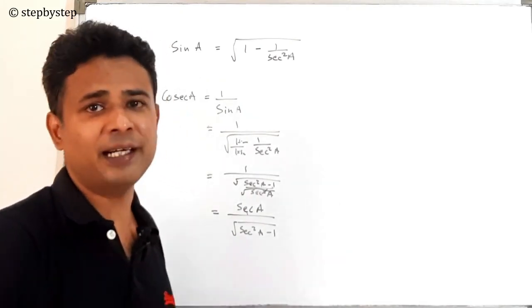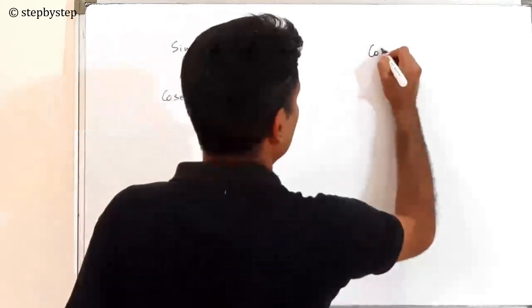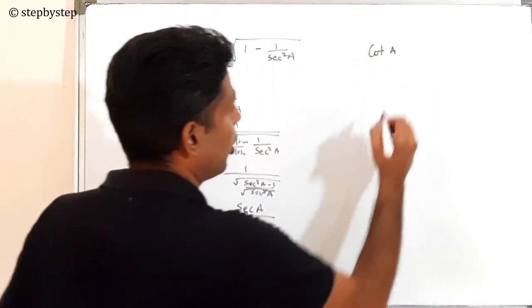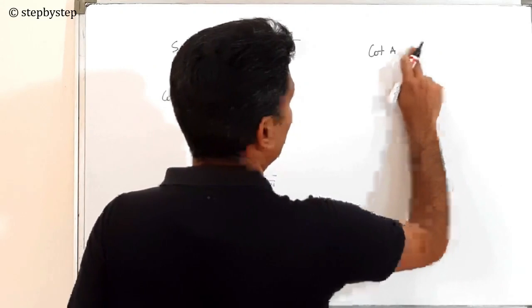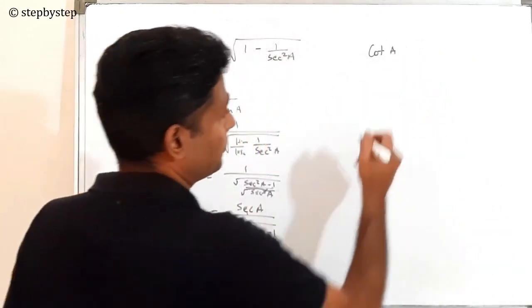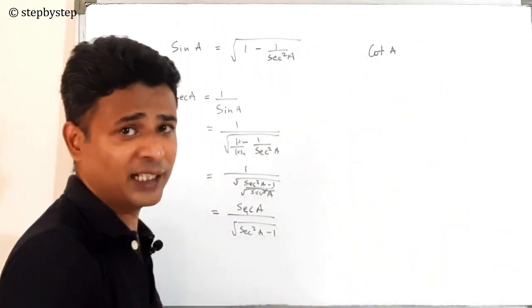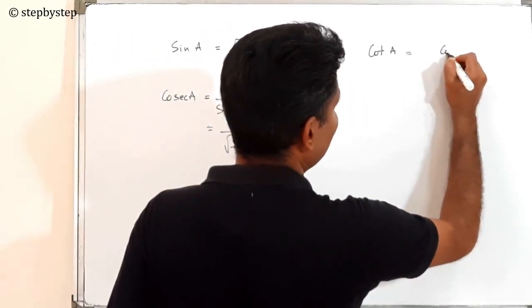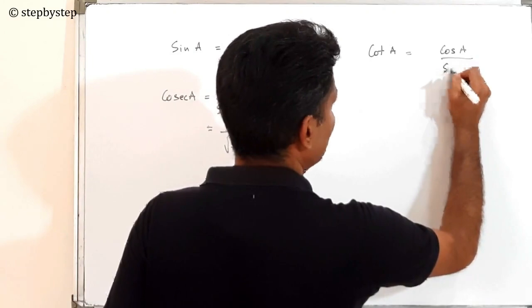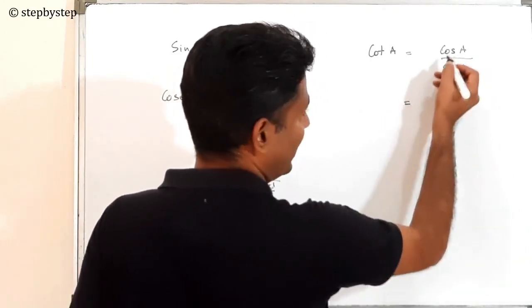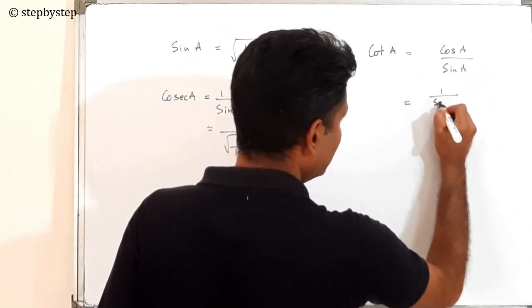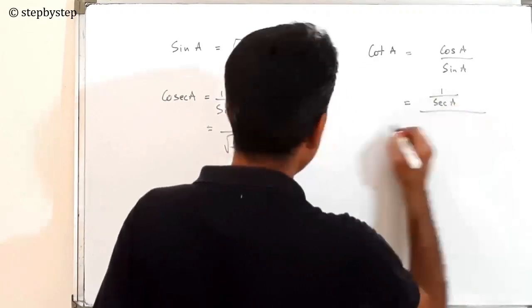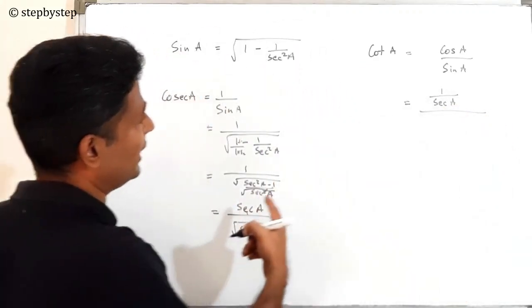And the last trigonometric ratio that is left is cot A. Now, what is cot A? We can do this two ways. We can write cot A in terms of cos, okay, we'll do that itself. We'll write cot A as cos A by sin A. What is cos A? 1 by sec A. And sin A we have already found in terms of sec.